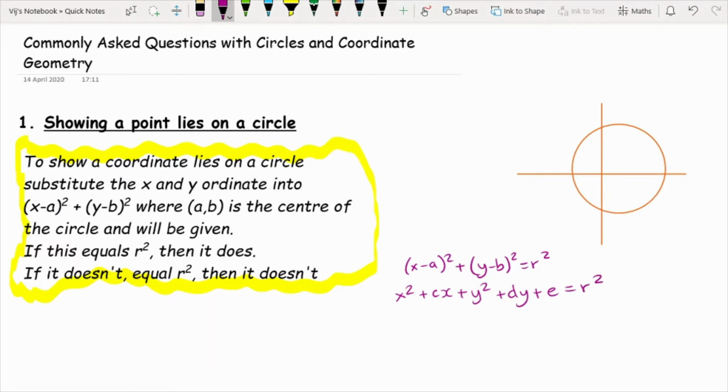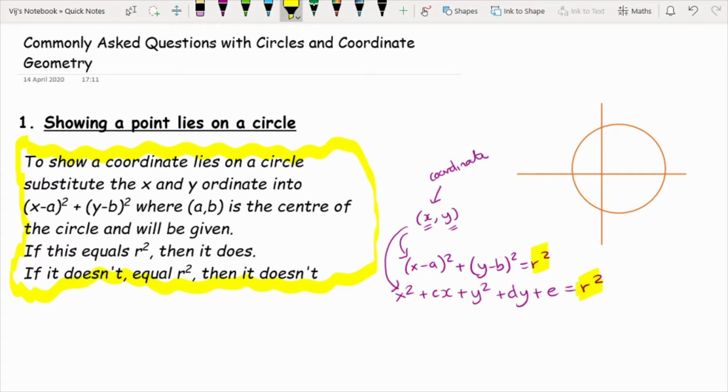Now, you have a coordinate with the values of x, y, so this is a coordinate that we are checking. What this method is telling you to do is substitute x and y into either of these two equations, or whichever way it's given to you, and if that adds up to r squared, then it does, and if it doesn't, then the point lies outside the circle.